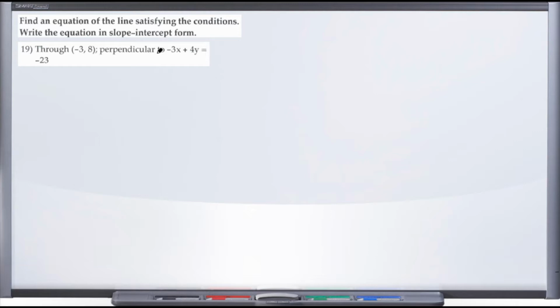And so we're being told to find the slope of this given equation, negative 3x plus 4y equals negative 23. Whatever that slope is, use the opposite reciprocal and pair it with this given point, negative 3 comma 8.